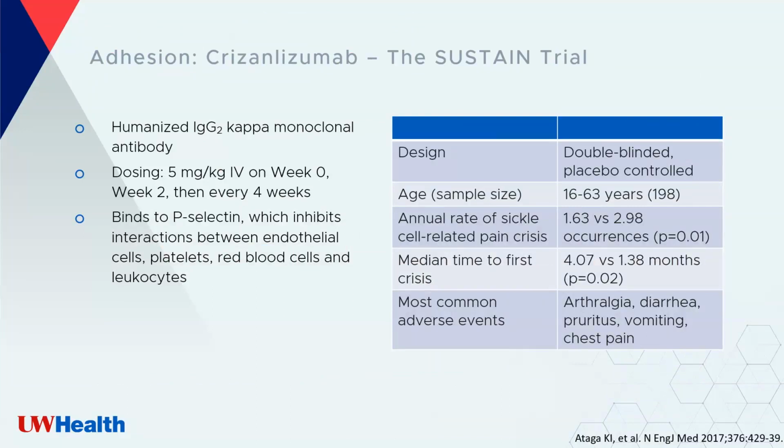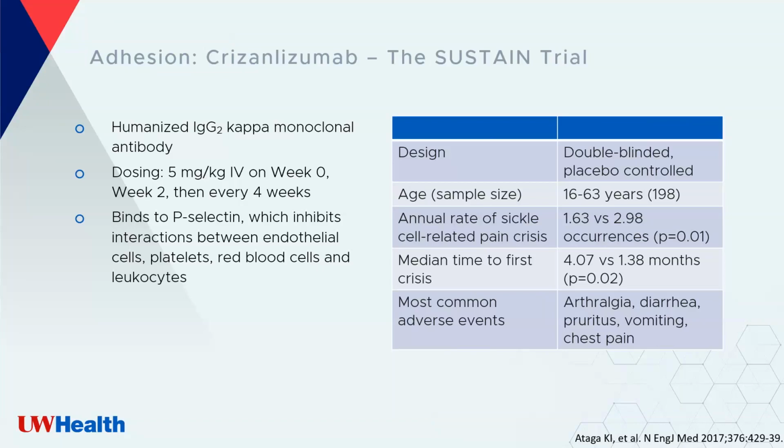The translocation of p-selectin to the activated endothelial cell surface results in adhesion of sickle erythrocytes, and so binding to p-selectin and inhibiting that is preventing the adhesive property that is seen in sickle cell disease patients.